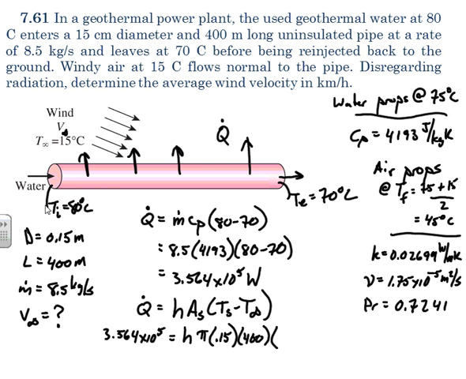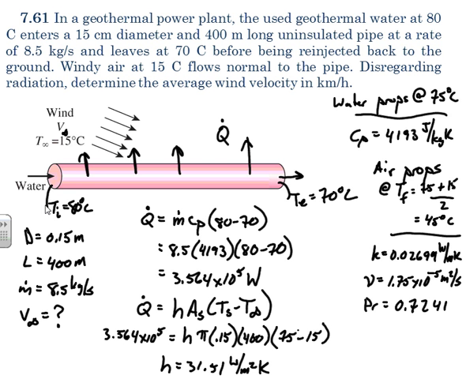The surface temperature, again, we're going to have that average value of 75, and then I subtract from that my free stream, which is 15. So now this is one equation, one unknown. I can rearrange and solve for the heat transfer coefficient. H is 31.51 watts per meter squared Kelvin.